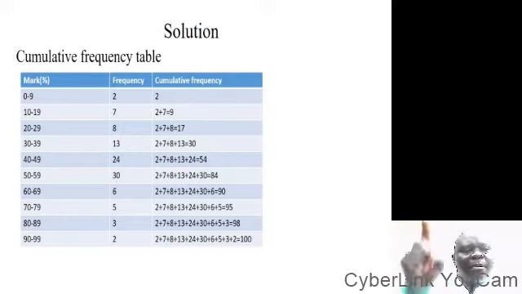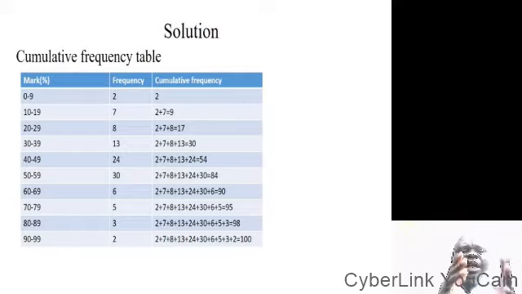Followed by 13. 13 plus 17 is 30. You continue in that order until you get the last one where you have 98 plus 2. That will give you 100. So the cumulative frequency ranges from 2 to 100, a minimum of 2 and a maximum of 100.